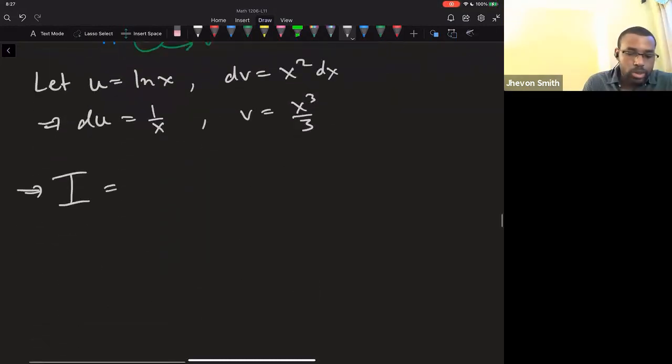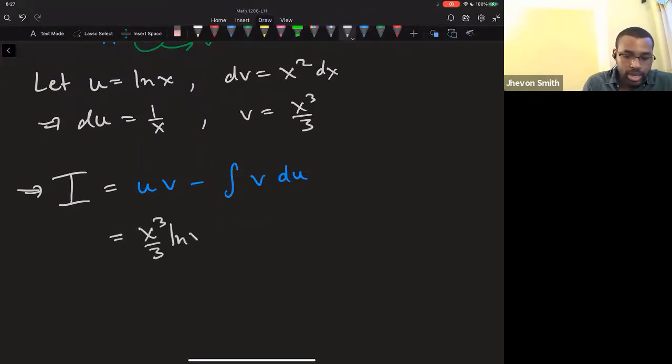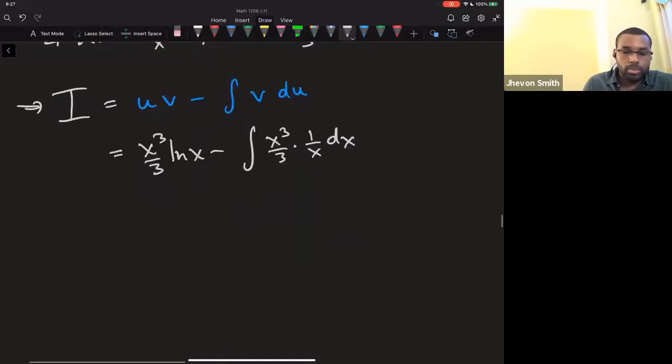I is equal to, you don't have to write this, but u times v minus the integral of v du. So that's u times v, that's x cubed over 3 ln x, minus the integral of v du. All right, so that's going to be x cubed over 3 ln x minus, this is just 1/3, the x's are going to cancel, that's x squared.